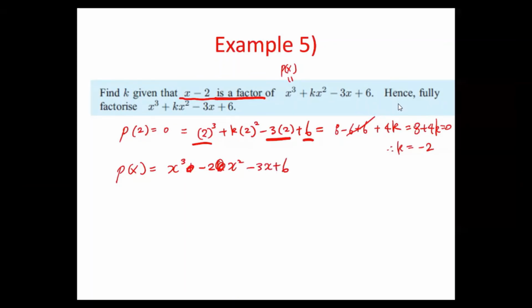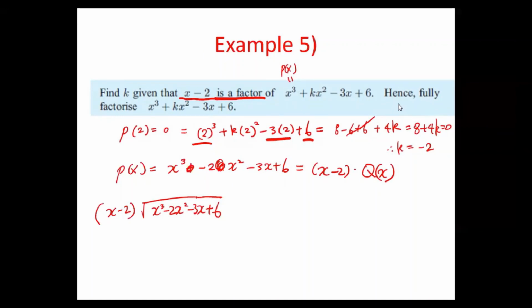Very good. We know that x minus 2 is one of the factors, and then it's going to be some kind of quadratic Q(x). So if we want to completely factorize this P(x), we have discussed long division, right? So x cubed minus 2x squared minus 3x plus 6 is divided by x minus 2 because this is a factor.